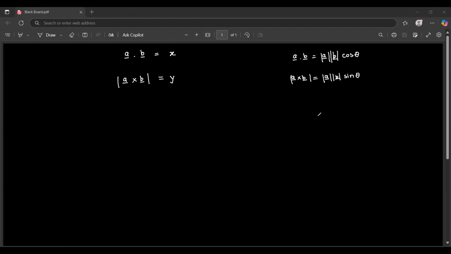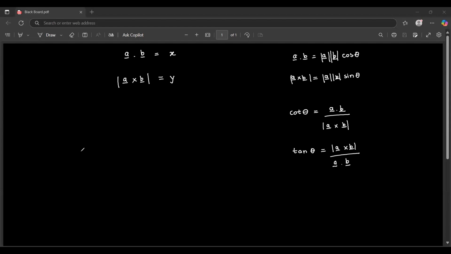If I divide these two, cot theta is equal to A dot B over A cross B. So tan theta will be equal to modulus of A cross B over A dot B.